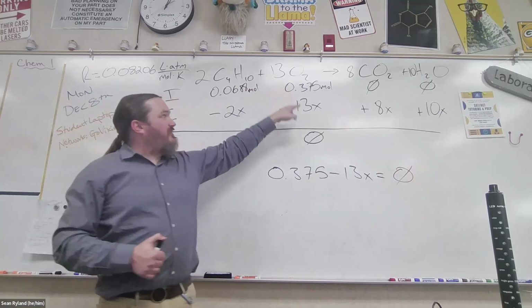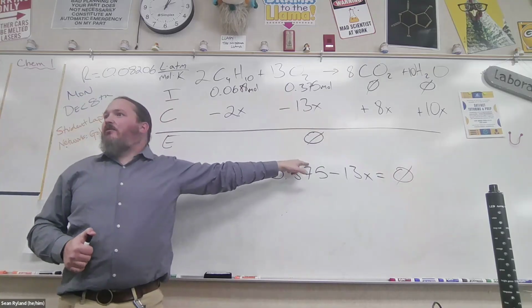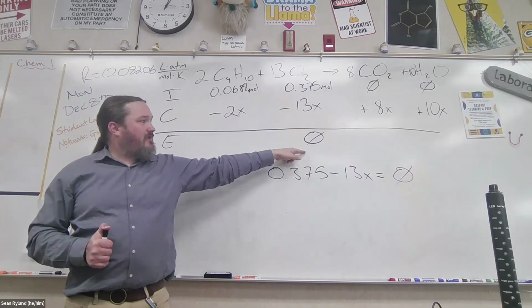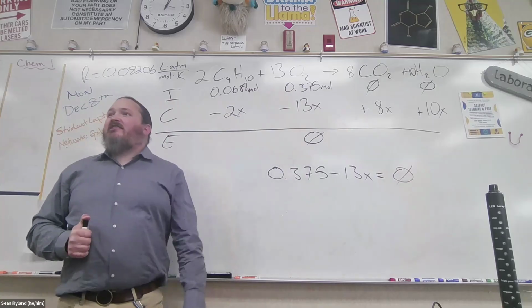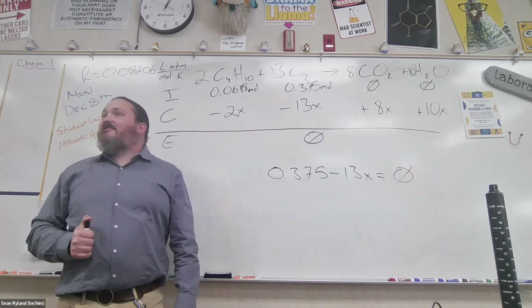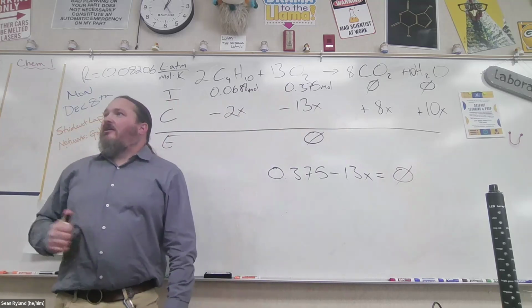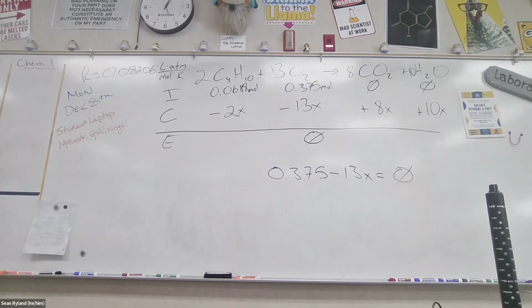This is what we started with. This is how much it changed. This is what we ended with. So that gives us a way to solve for X. And as soon as we know what X is, we can solve for the rest of these. That's all this table was asking you.